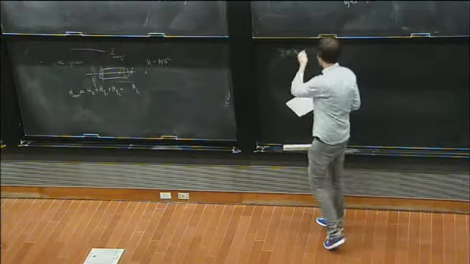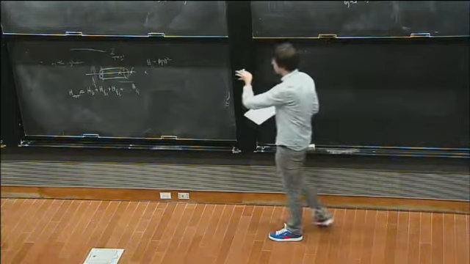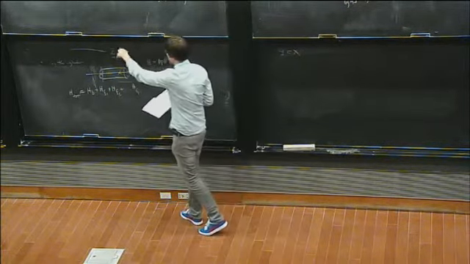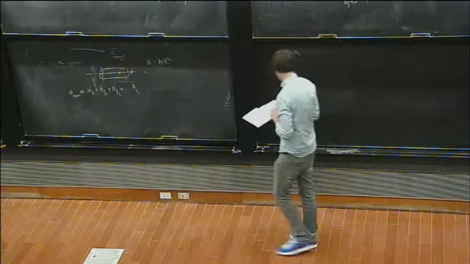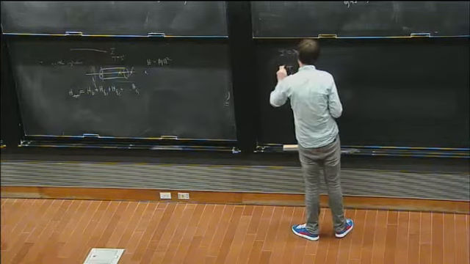So L is some Lagrangian, right? When I'm computing this Floer cohomology, it's actually easiest to lift L bar to the universal cover of C star.